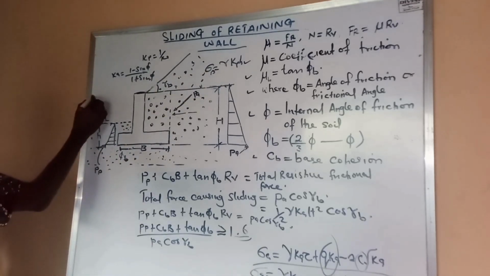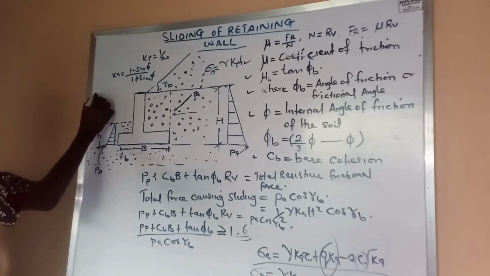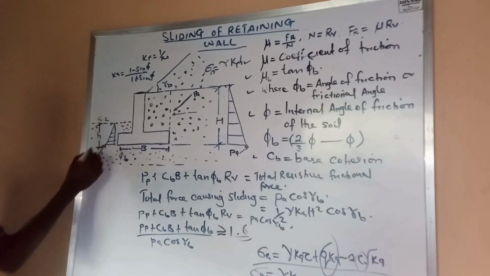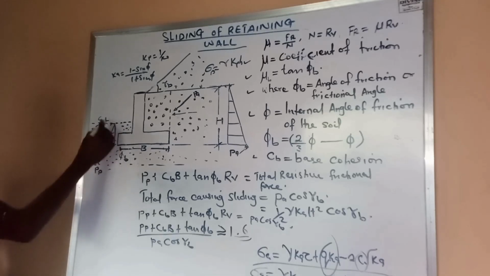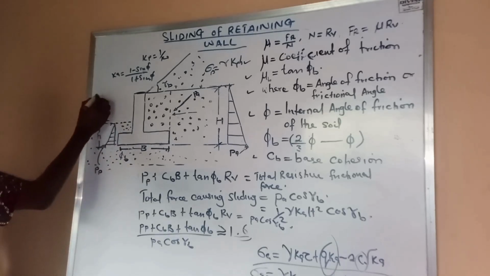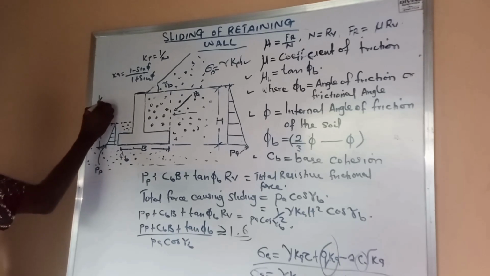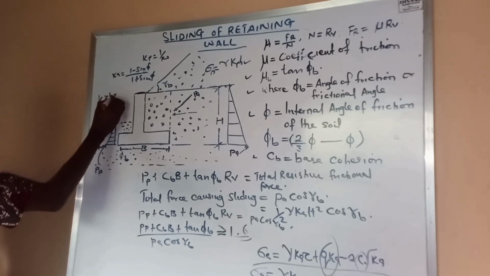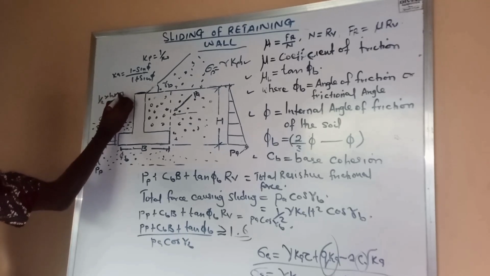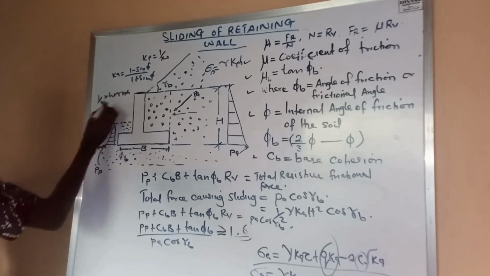If it becomes a force, it becomes the area of this shape, which is a triangle, times the pressure, so the force is half times h times gamma Kp h.